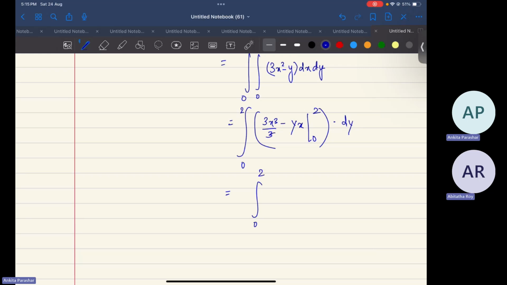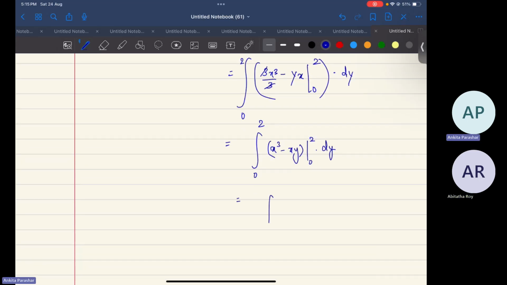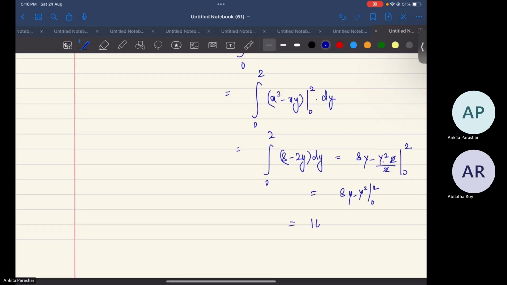That gives x cube minus xy, 0 to 2, dy. This is 0 to 2, 8 minus 2y dy, which is 8y minus y square times 2 by 2, from 0 to 2. So 8y minus y square from 0 to 2 is 16 minus 4, which is 12, right? There is no fraction, it's 12, right?